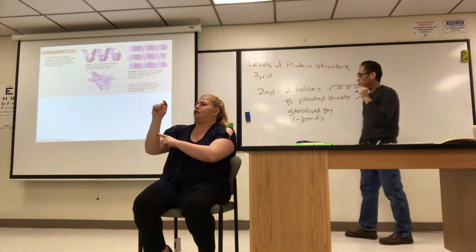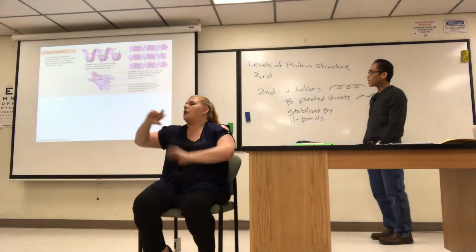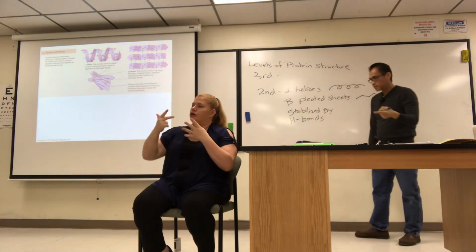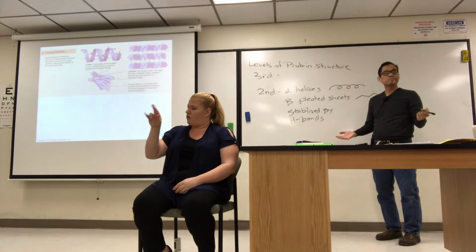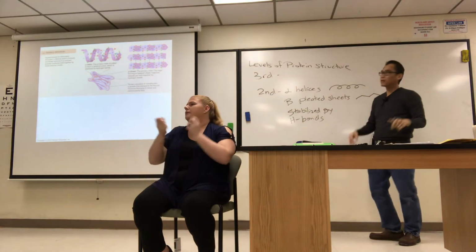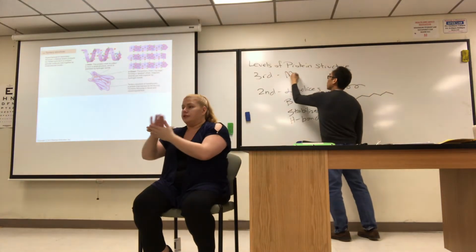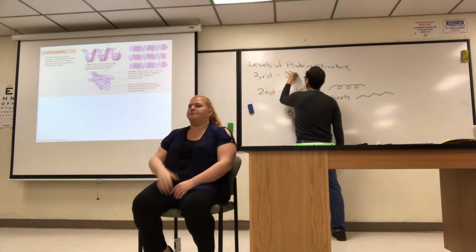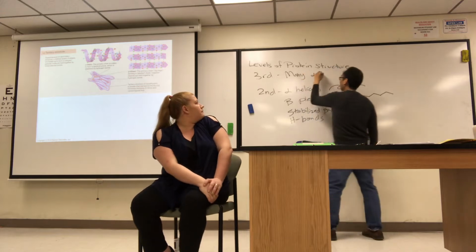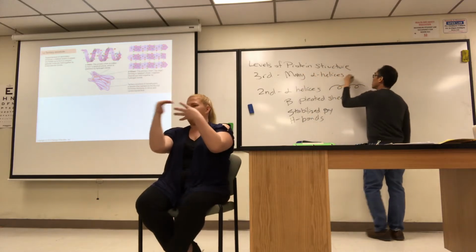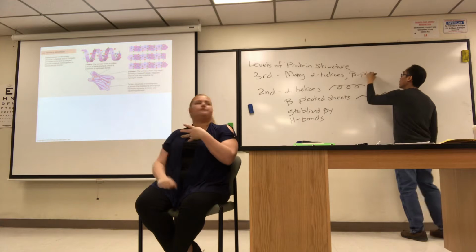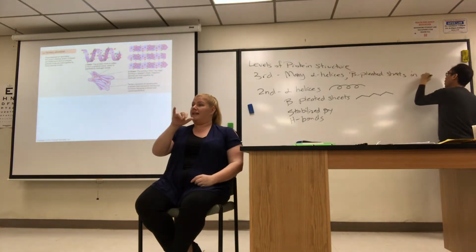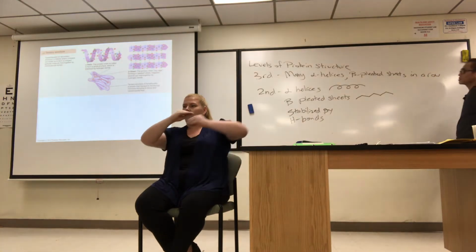It's primary, secondary, tertiary, quaternary. So third is tertiary, and you have many alpha helices and beta pleated sheets in a row in a single polypeptide chain, in series, one after the other.